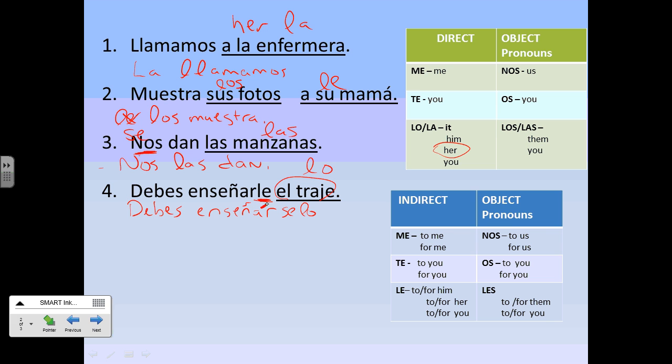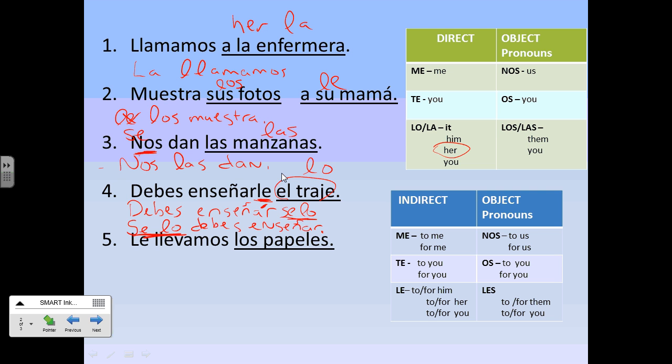And actually, if you attach two pronouns, you need to put an accent mark on it. You could also put it in front if you want. You could put se lo debes enseñar. Okay? They both have to be together, either both in front or both behind.